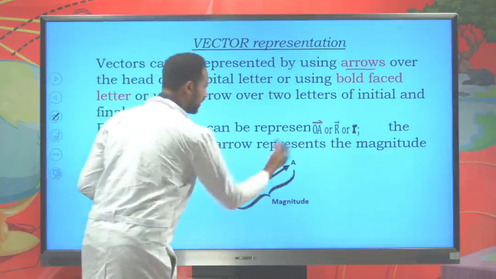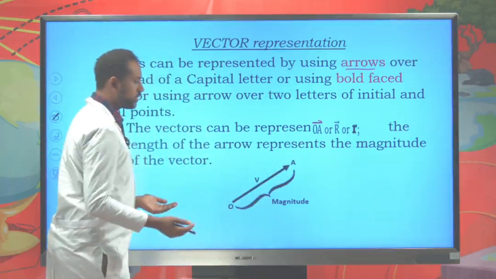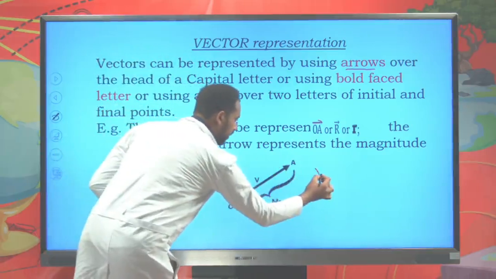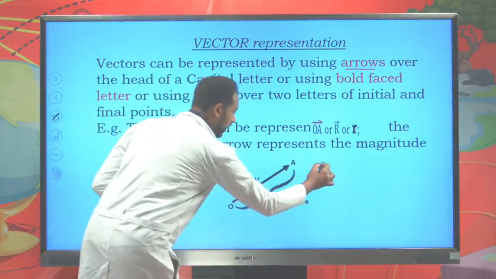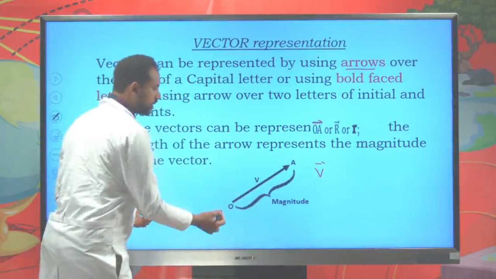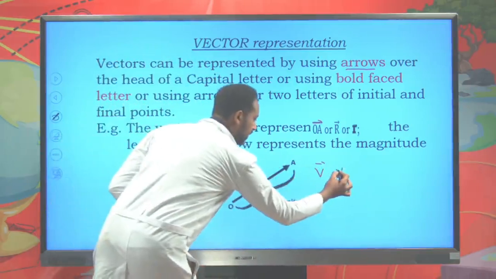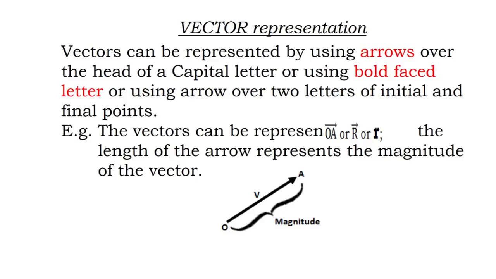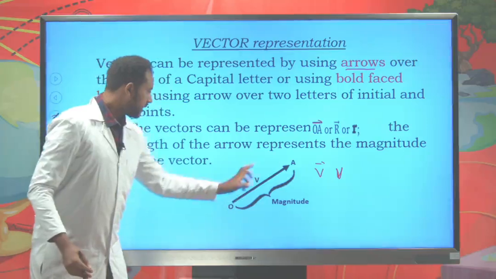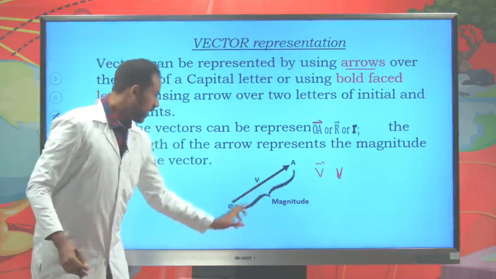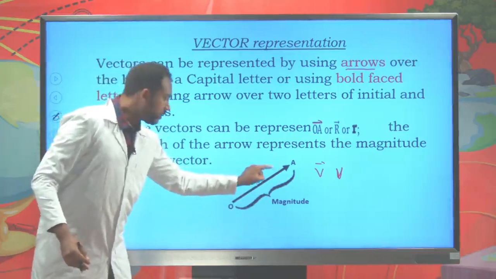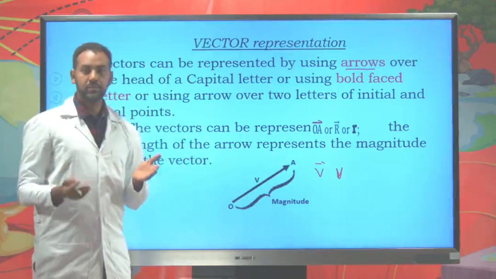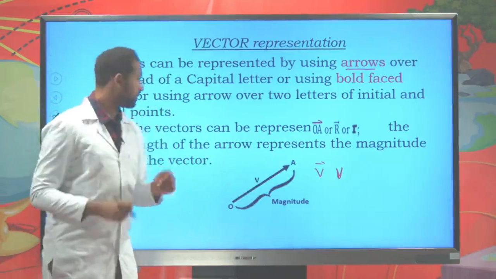Or it's also possible to use a single letter, for example V, with an arrow over it. Or it's possible to use a boldface letter V. You have to make it bold. This is how we represent vectors. The length of the arrow represents the magnitude, and the head of the arrow represents the direction. Therefore, vectors are represented by using both magnitude and direction.